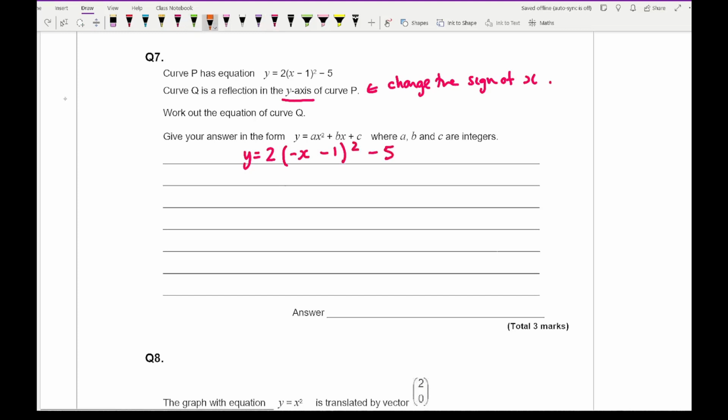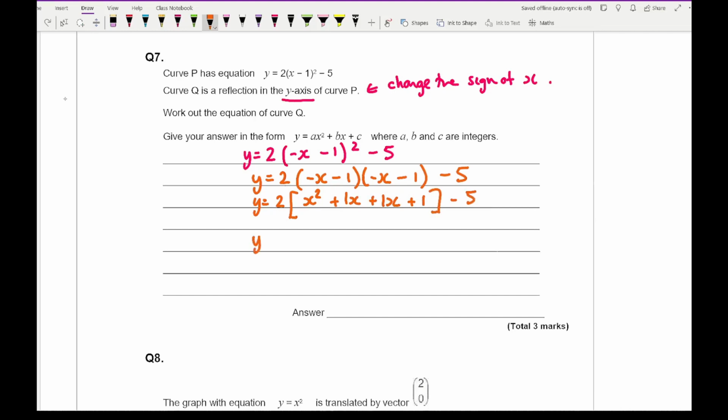Then from this, what we've got to do is expand the bracket. So I've got y equals 2 lots of minus x minus 1 times minus x minus 1, take away 5. Then expanding the brackets out, I'm just going to put square brackets here. We get minus x times minus x is positive x squared. Then we get plus 1x plus 1x plus 1, minus 5.